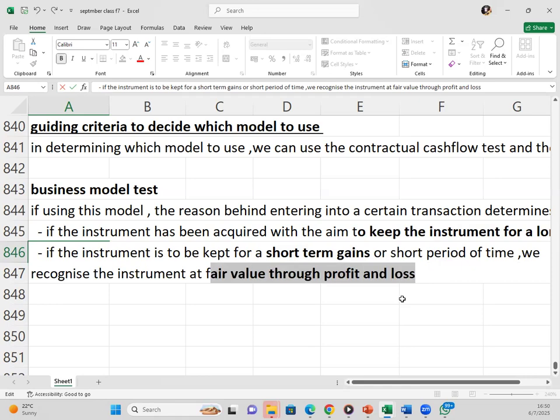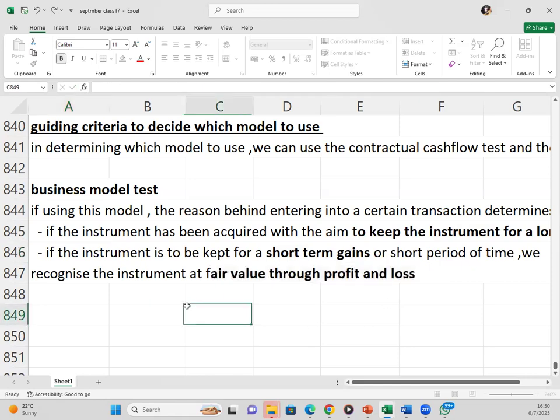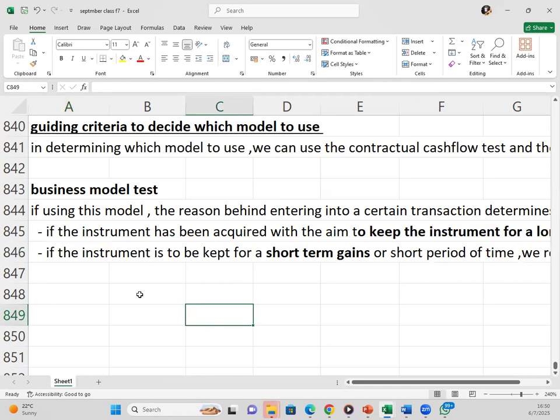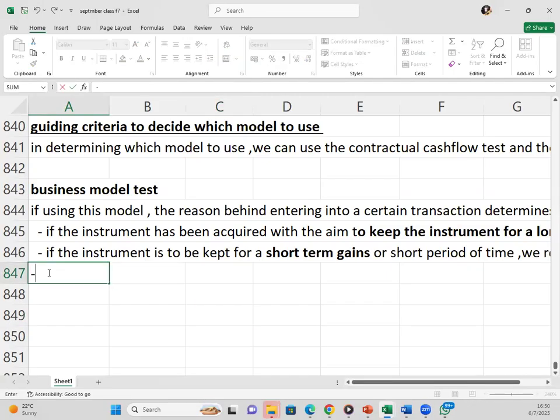I've shown you how you account for fair value through profit and loss and fair value through other comprehensive income. But classifying the instrument as fair value through profit and loss increases your profit if there is a gain, and it means more taxes.